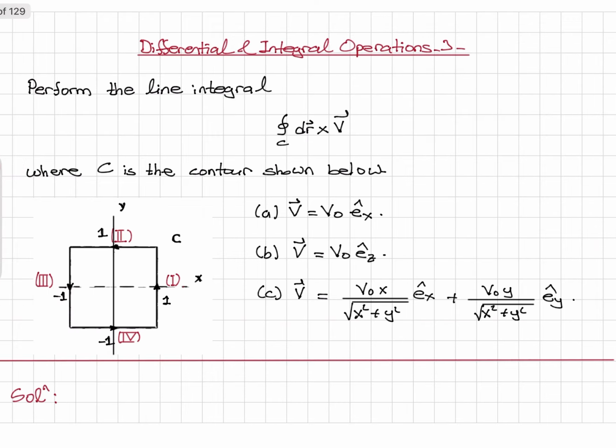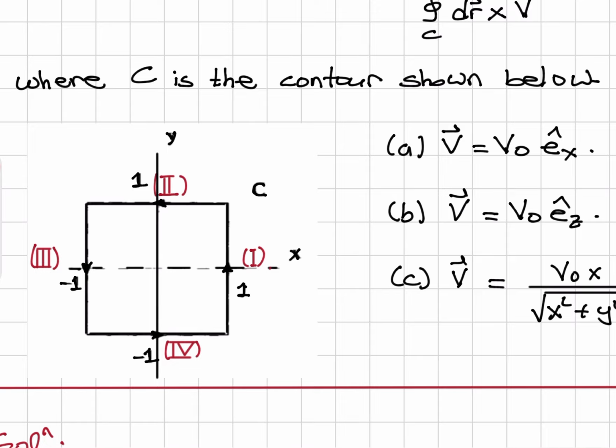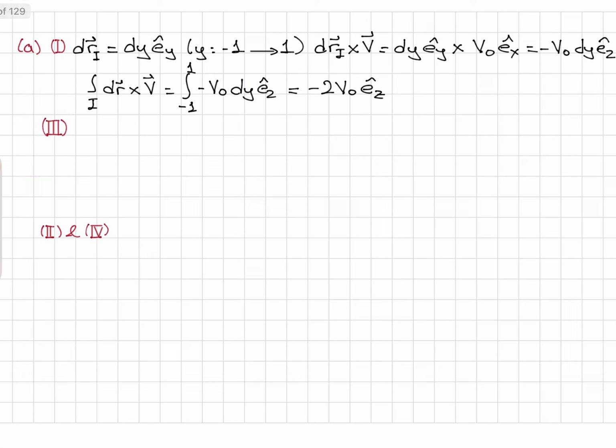Now doing this for the third segment, we're going from y equals 1 to y equals -1, but the dr vector is the same, dy ey hat.